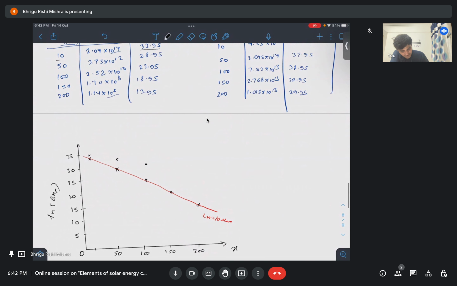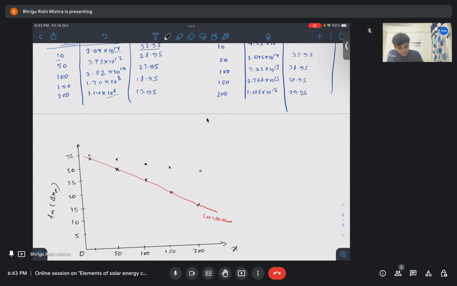So for 150 it is 30.95, again just here. At 200 it is 29.95, just here.